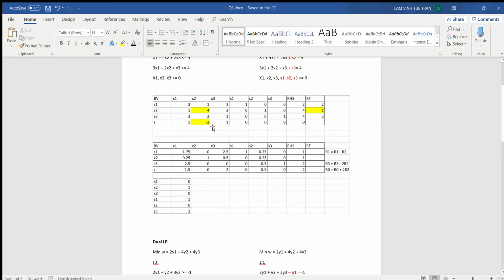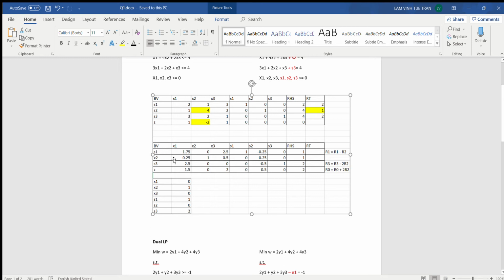I need to turn -2, 2 and 1 into 0, so I do these row calculations. Row 0 equals row 0 plus 2 row 2. Row 1 equals row 1 minus row 2, and row 3 equals row 3 minus 2 row 2.